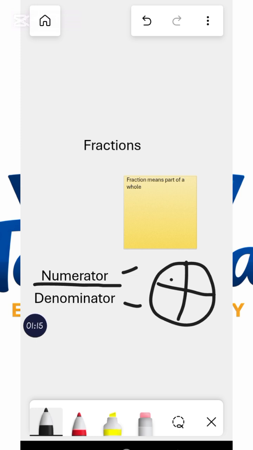I choose this 1 part, so that's my 1. And my total number of parts, that's 1, 2, 3, 4. Alright, so that's the number I am counting over the total number of parts there is, that is 4.